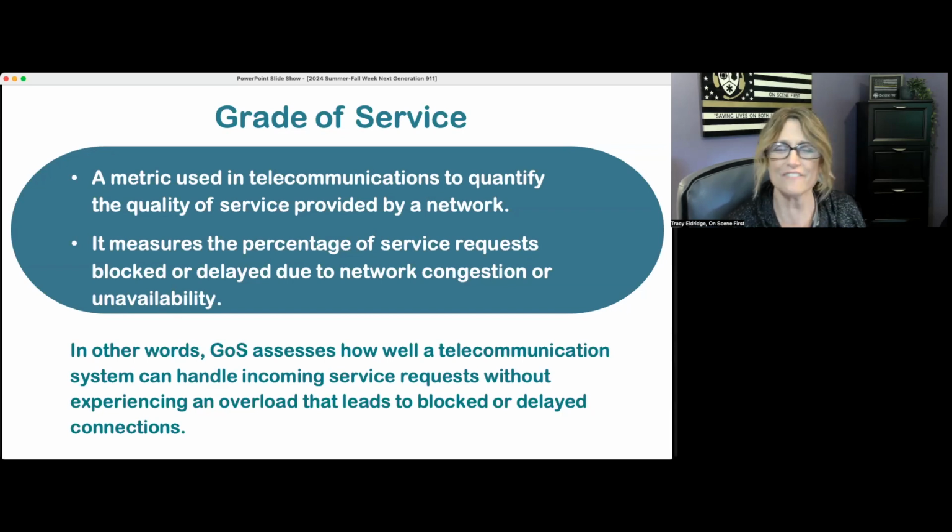I like to think of this as like the little thing in the road that you drive over when they're trying to check the traffic patterns. It's kind of like that in my eyes, or a piece of it is anyway. In other words, the GOS assesses how well telecommunication systems can handle incoming service requests without experiencing an overload that leads to blocked or delayed conditions.